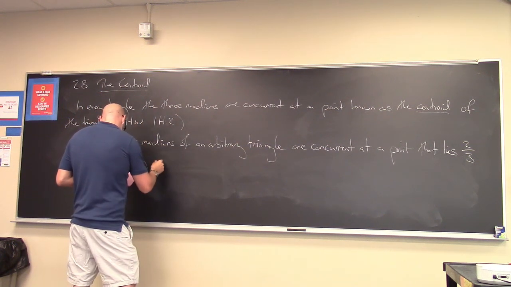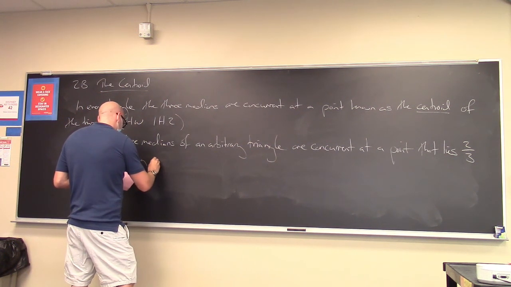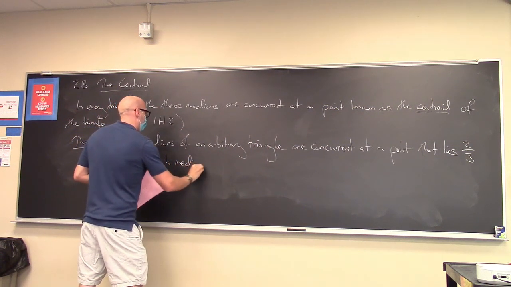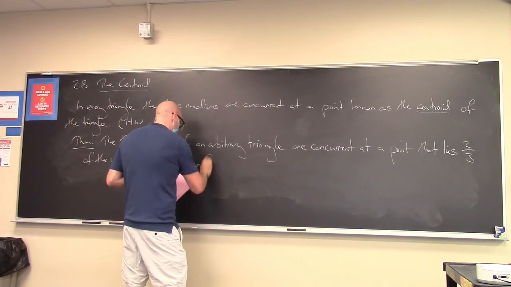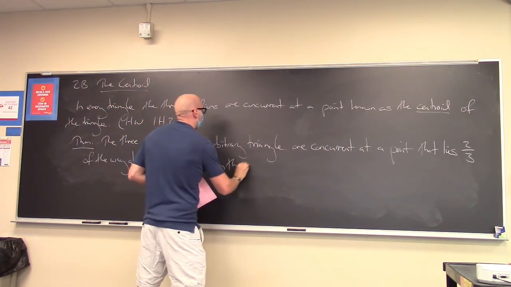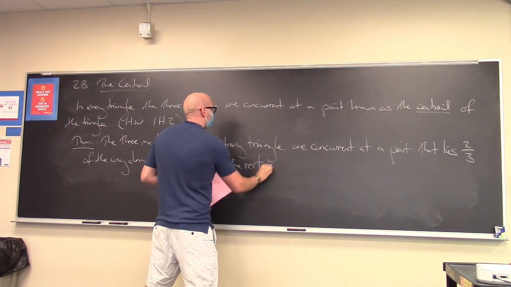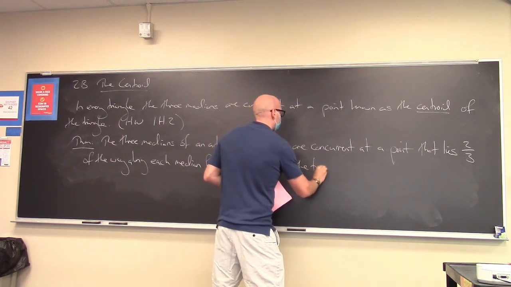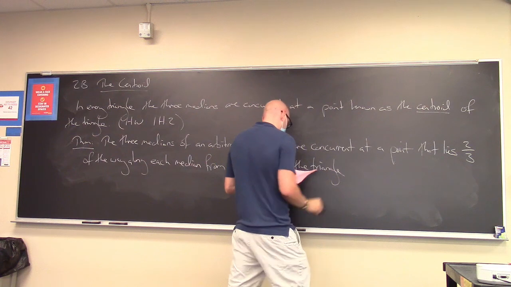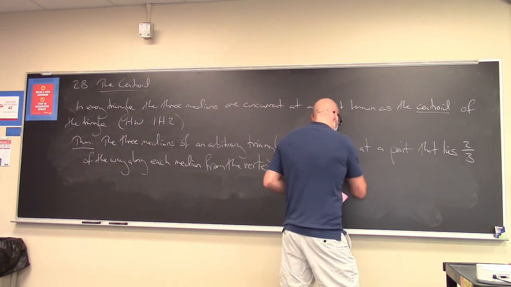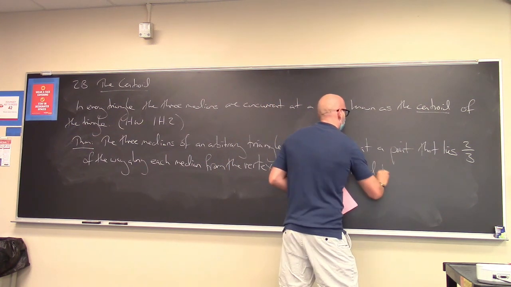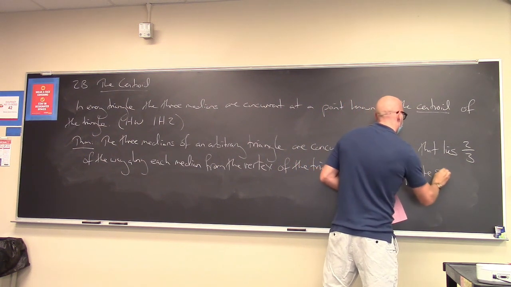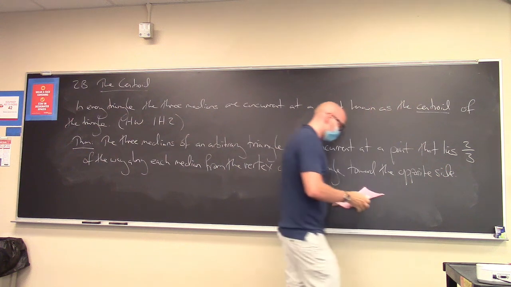So 2/3 of the way along each median from the vertex to the opposite side. From the vertex of the triangle toward the opposite side.